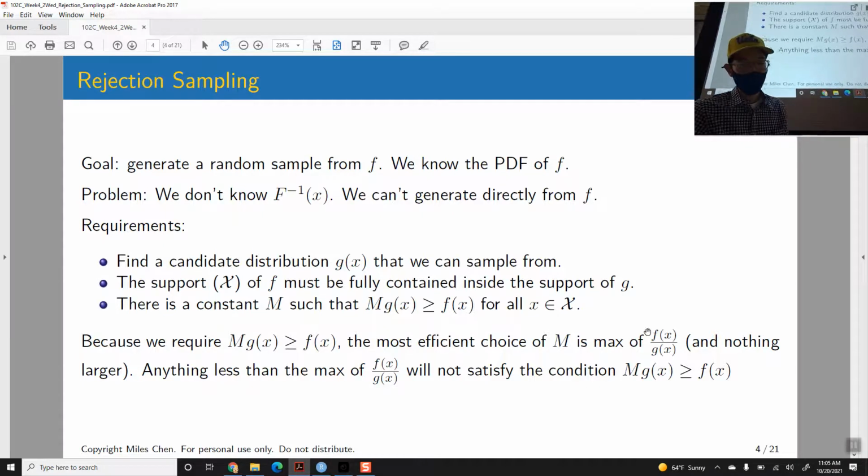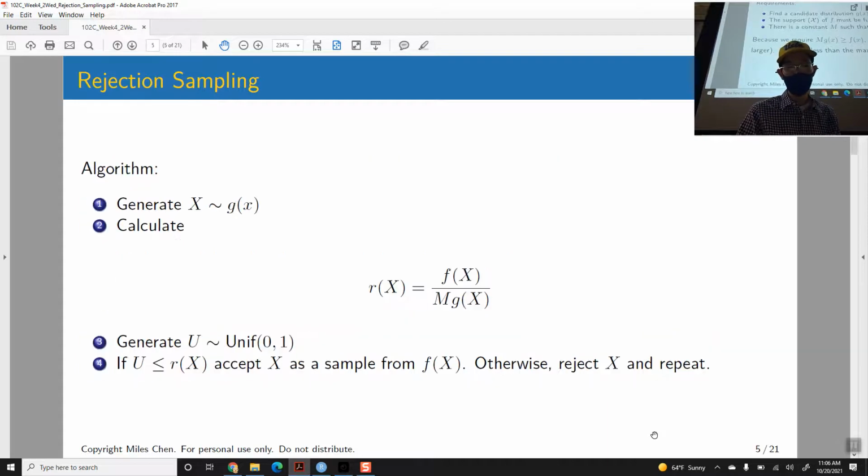So if you find the maximum of f divided by g, you don't want anything bigger. If you pick anything less than the max of f over g, then it will not satisfy the condition that m times g is greater than or equal to f. So it needs to be at least this big, but to stay efficient, you don't want anything larger.